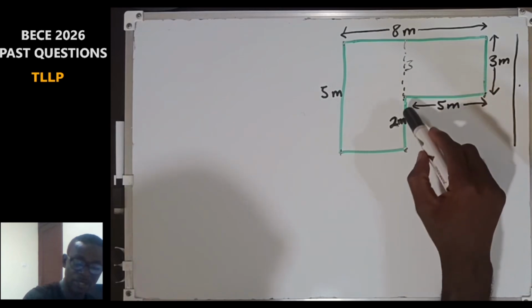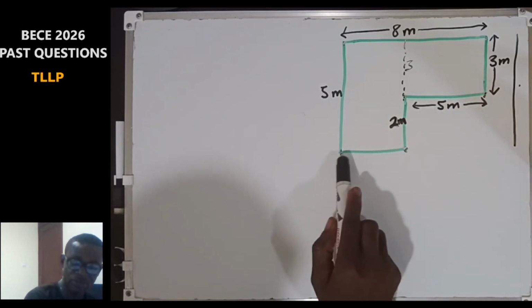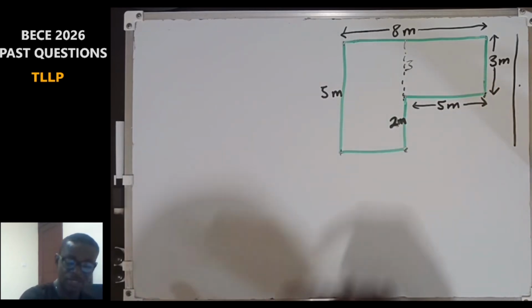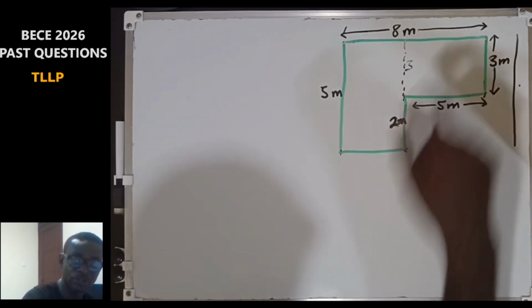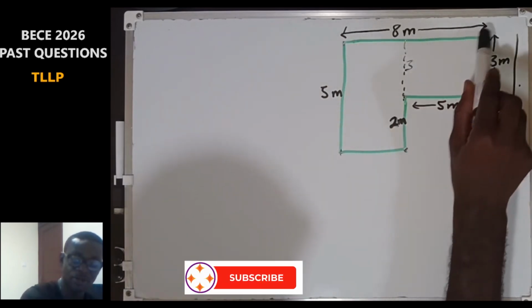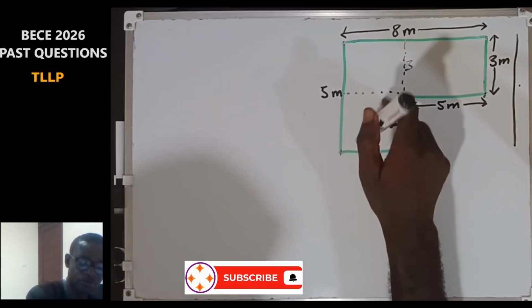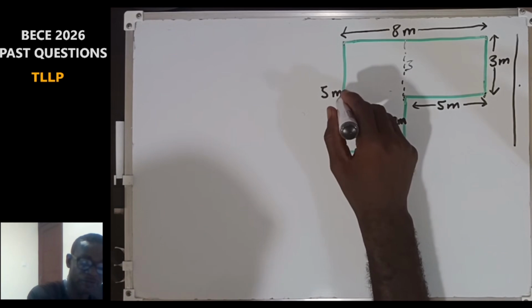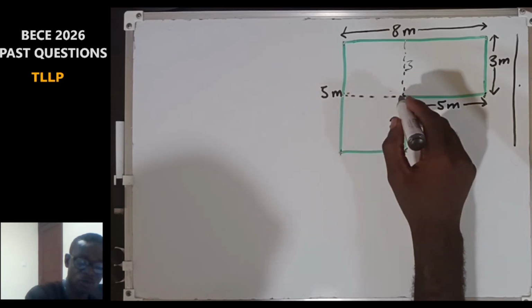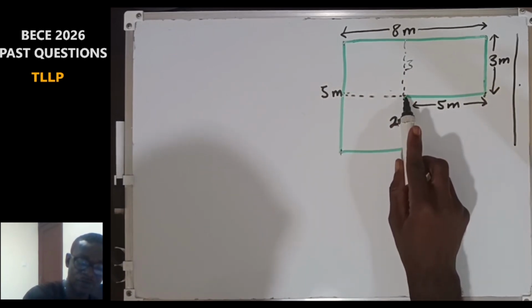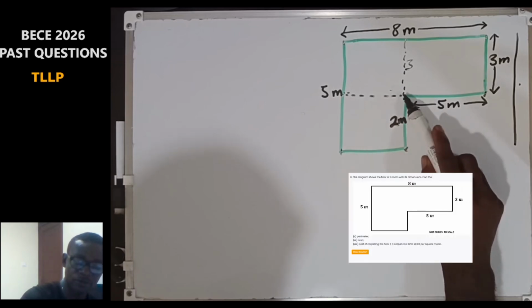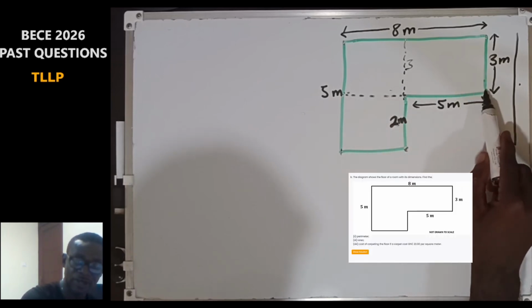So we would have to add that as well. Then what we did here, we do the same thing for this length. So this length, which is 8 meters, it would have been the same if we had this length, that is, if we had the whole of this length. But we know that from here to here is 5 meters.